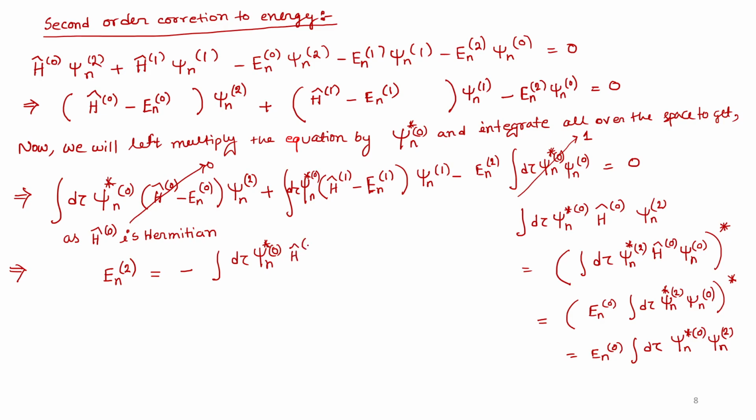H hat 1. So I'll write it in a different fashion. I'll now break it. I could have broken it earlier also. So that is not the point. Minus minus plus d tau psi 0 star. I can write this outside en1 and psi 1.